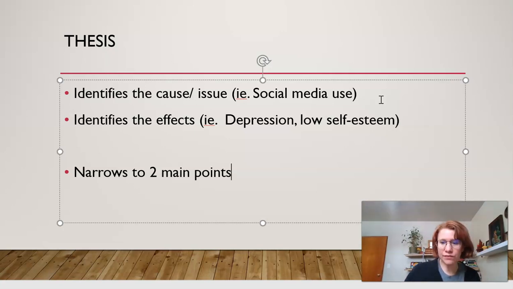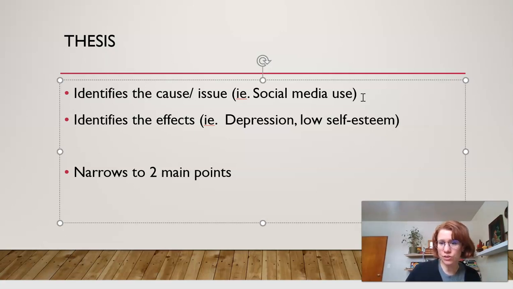If your paper's longer, you could give some background context on social media use and develop that as a paragraph in your paper. But in this case, you have 2 main arguments or points that you need to make in your essay: to show that social media use leads to depression and that social media use leads to low self-esteem.